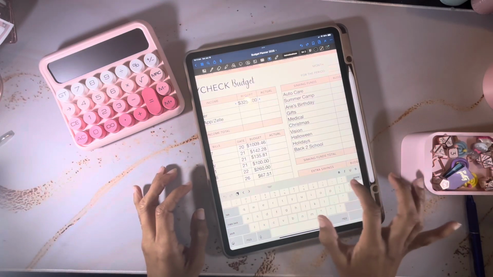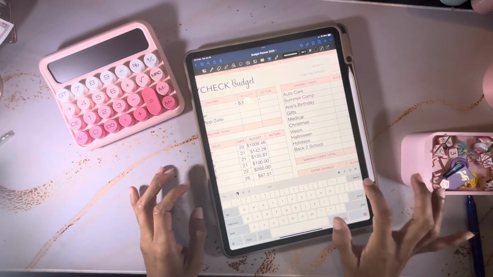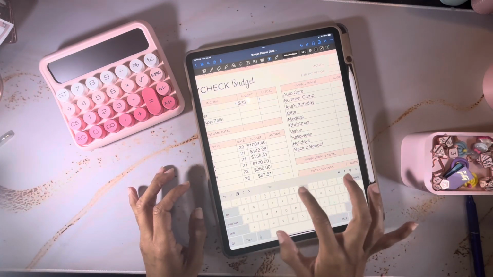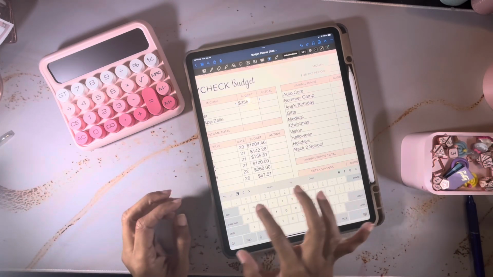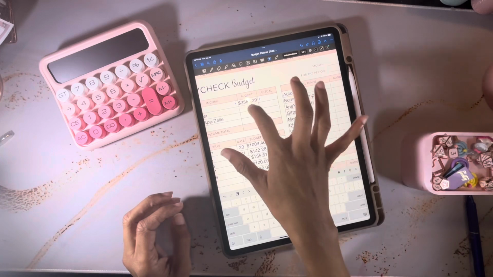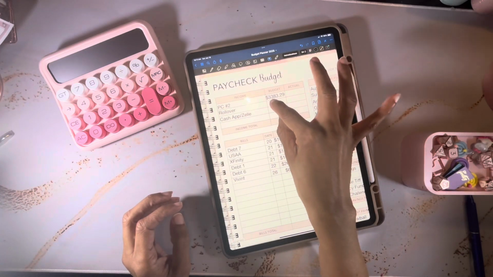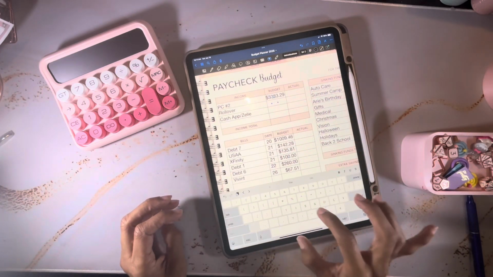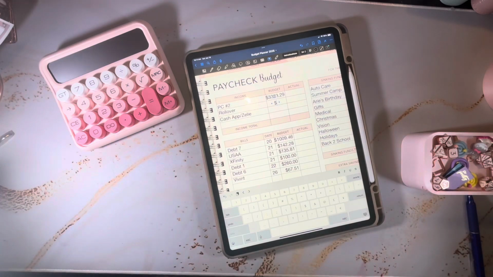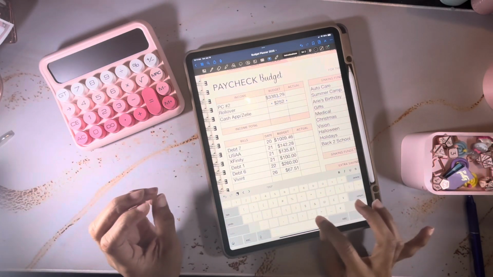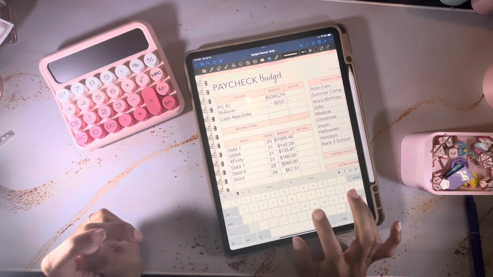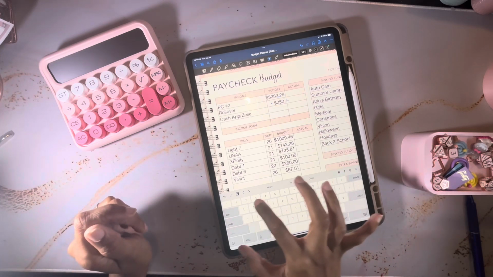I'm going to go ahead and change this, because my paycheck for paycheck 2 is going to be $3,383 and 29 cents. Then I have a rollover in my account, so money left over from the previous pay period of $252 and 24 cents.